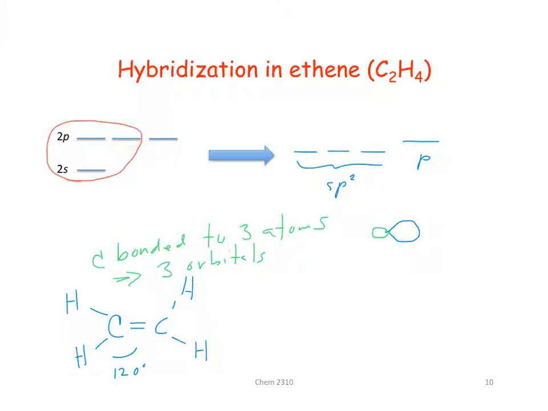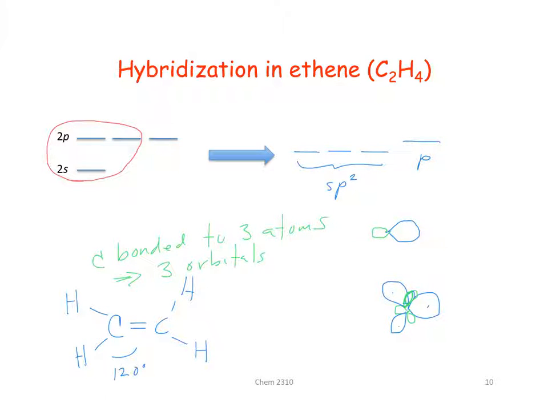So we can have a carbon that now has 3 of these orbitals that are going to orient themselves at 120 degrees apart, like this. Okay? I have 1 orbital in each one, 1 electron in each one.